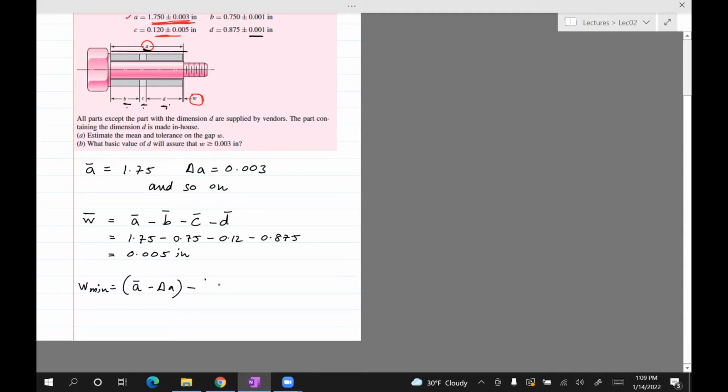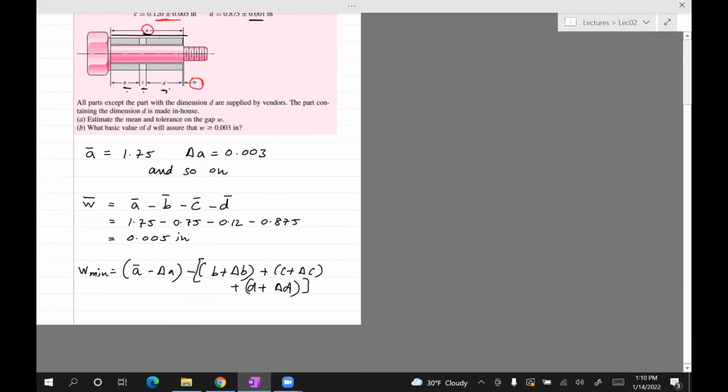So minus B plus delta B plus C plus delta C plus D plus delta D. Okay, so if we take that difference, we should get W min.